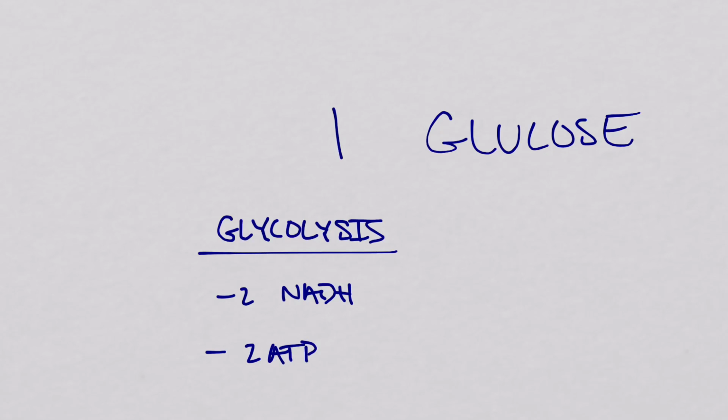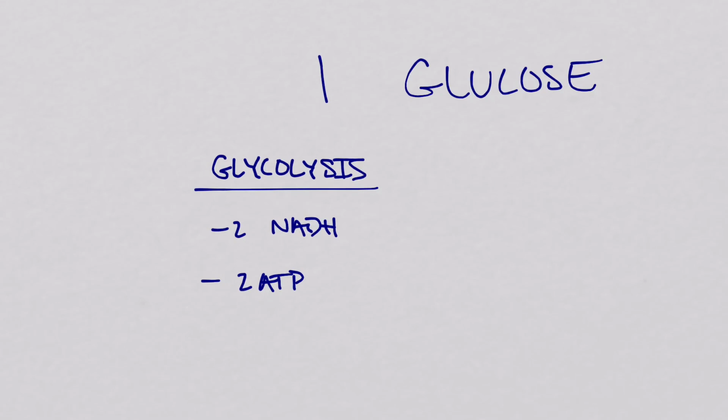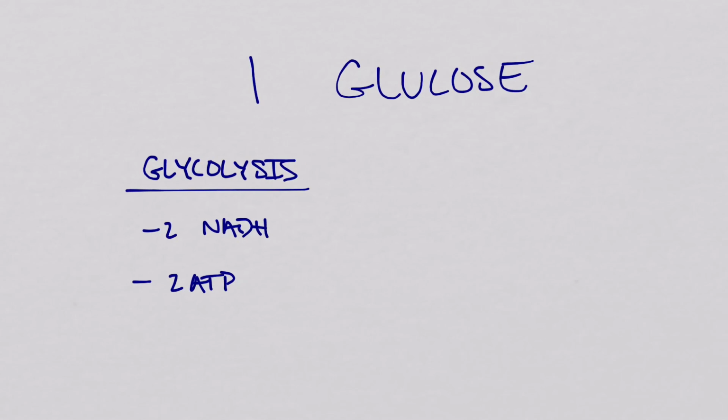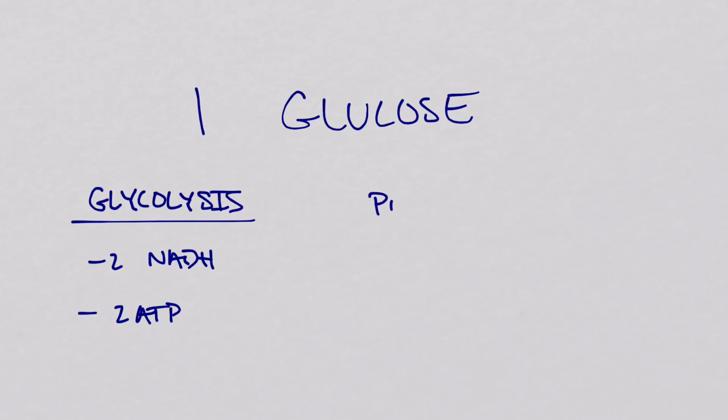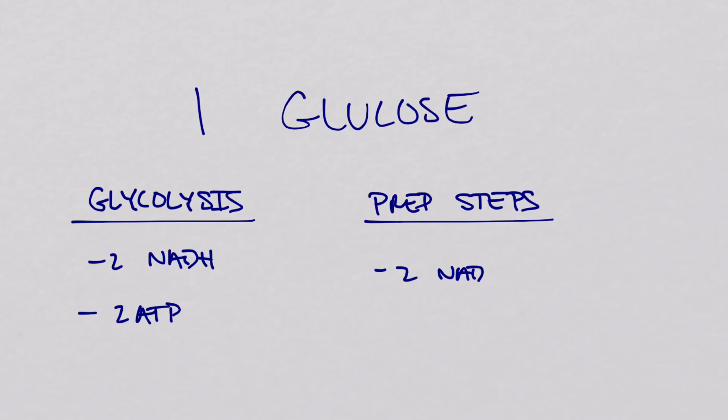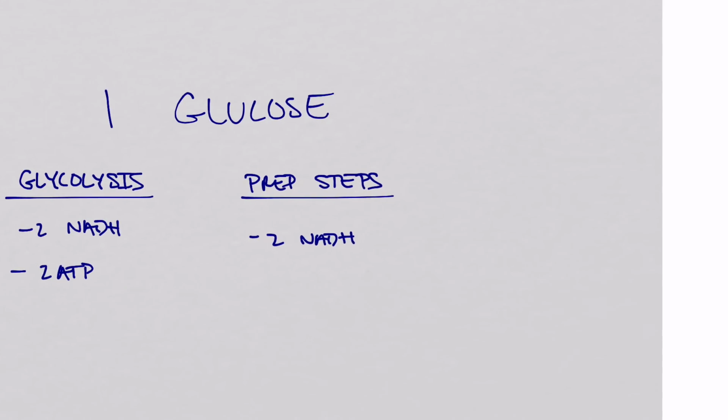Remember, this is on net, because we spend 2 and then we make 4, so on net we get 2. In the prep steps, we get 2 NADH per molecule of glucose.